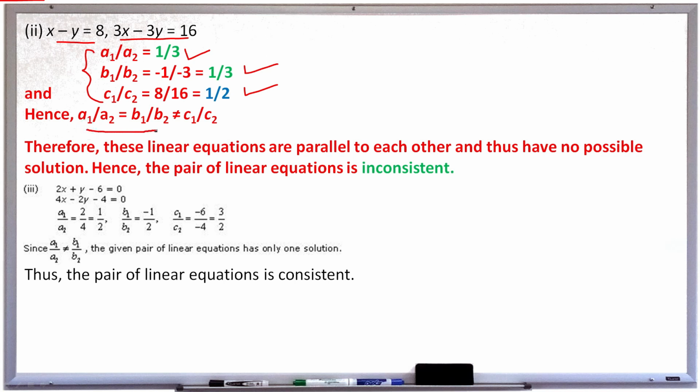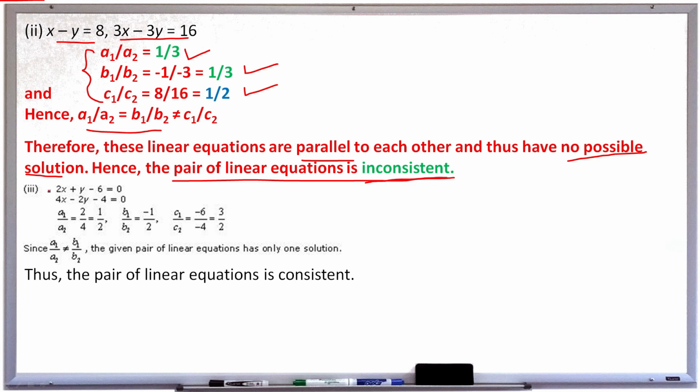The first two are equal, 1 by 3 is equal to 1 by 3, whereas the value of c1 by c2 is not equal to b1 by b2. So the lines are parallel lines, thus have no possible solution. Hence the pair of linear equations is inconsistent. If it is inconsistent, no need to draw the graph, because it is mentioned in the question itself.